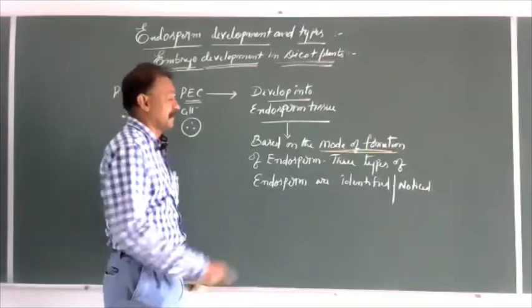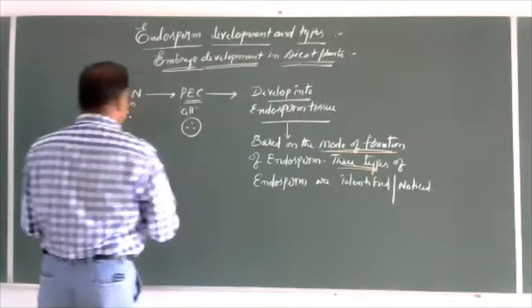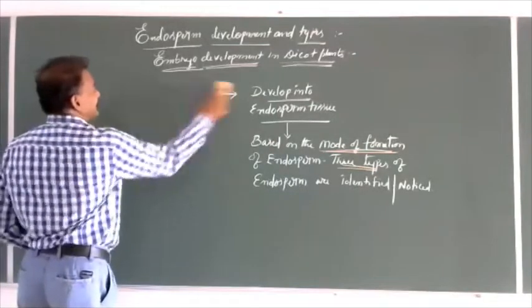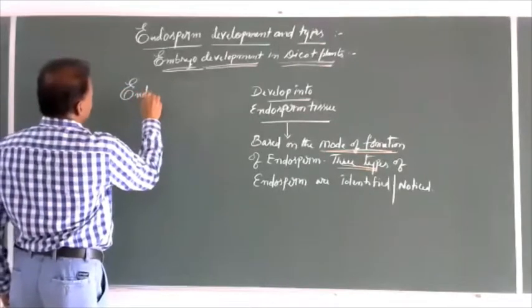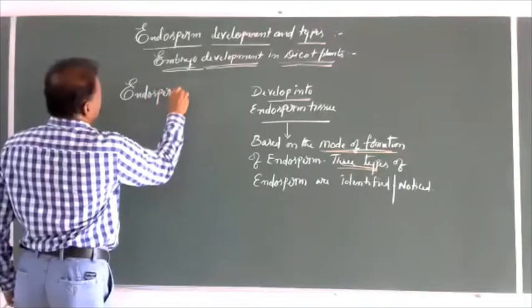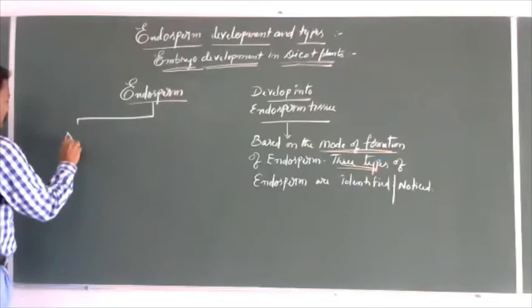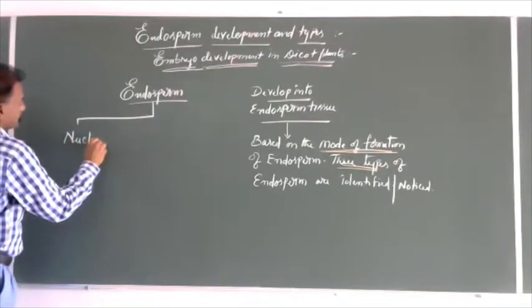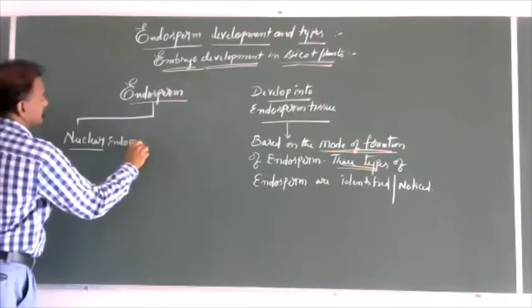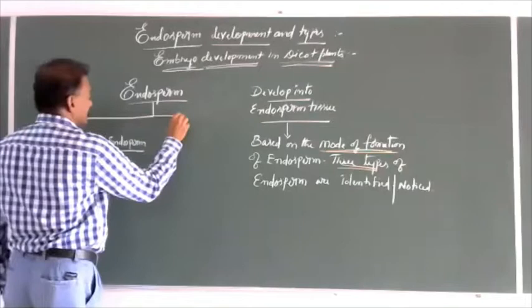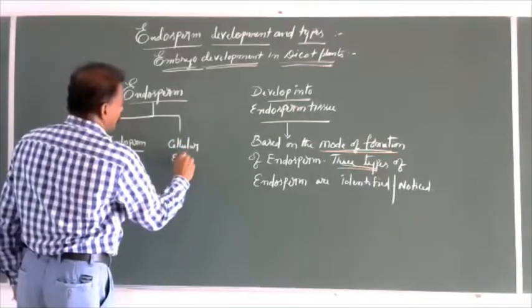The most common, those three types are nuclear endosperm, cellular endosperm.